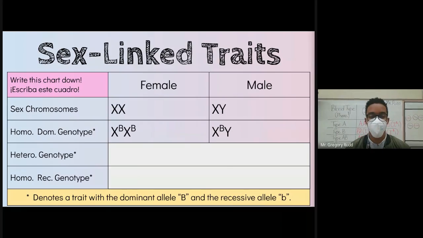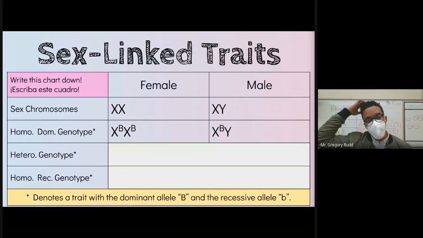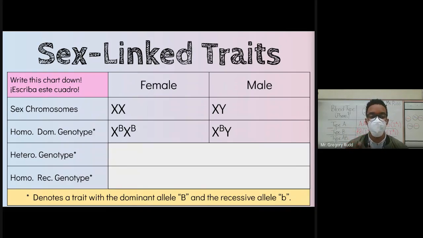Okay, this is what it looks like. X with a capital B superscript and another X with a capital B superscript. So we can see that it's homozygous because we have two of the same alleles, two capital Bs. And because they are capital, that's what makes them dominant.